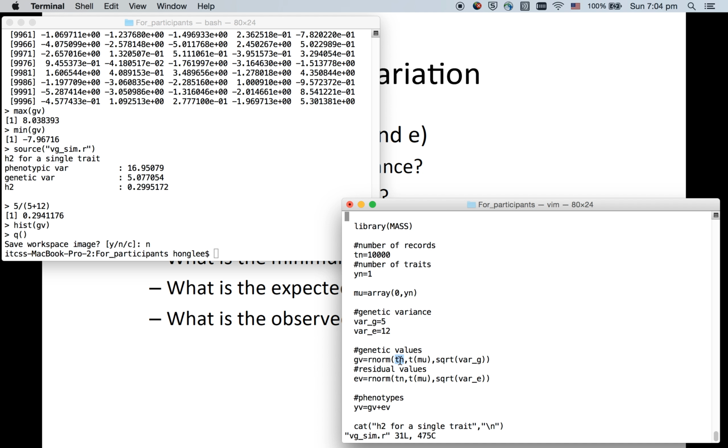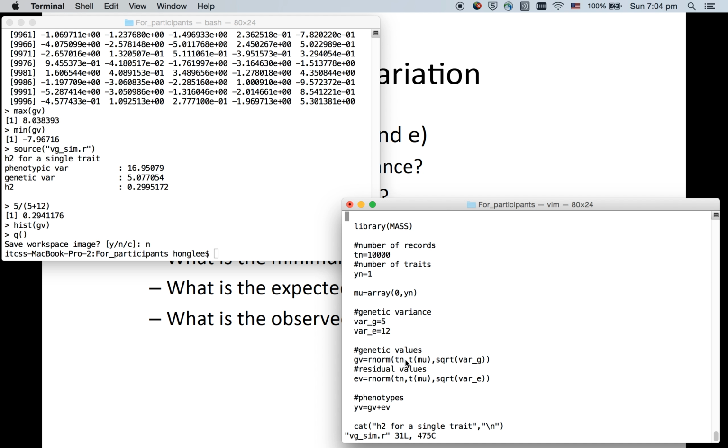So I will simulate 10,000 records with mean 0, here mu, and variance G of 5. In R code, the function rnorm requires standard deviation rather than variance. So this will give 10,000 genetic values.